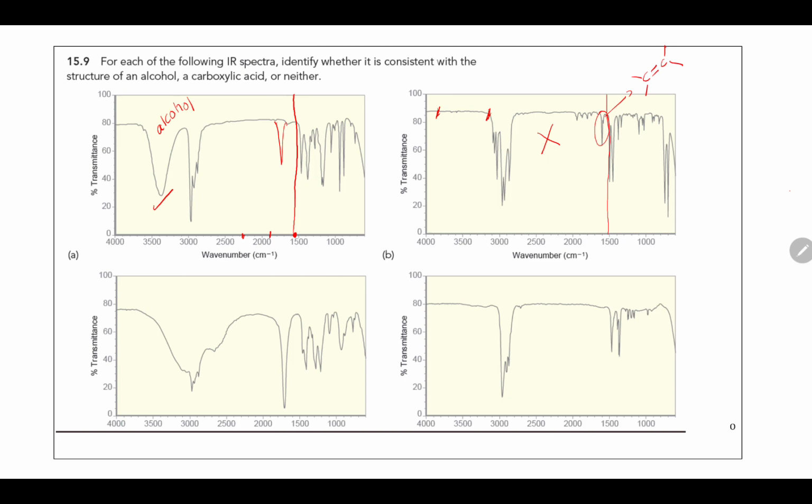In this spectrum here, you can see this broad peak, which is between 2200 and 3600, so definitely this is a carboxylic acid. Again, in this spectrum here, we may have a peak here, so this could be an alkene, but usually there is nothing in here, so it's not clear, but definitely no alcohol or carboxylic acid, just to answer this question right now.